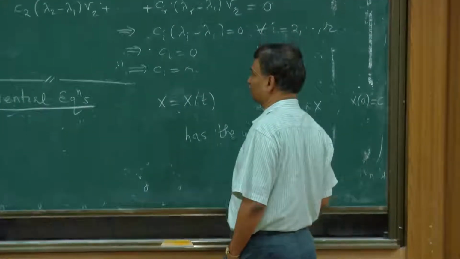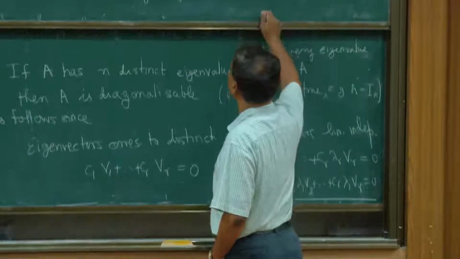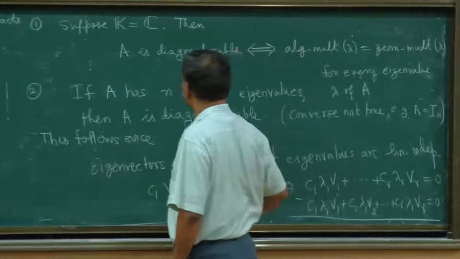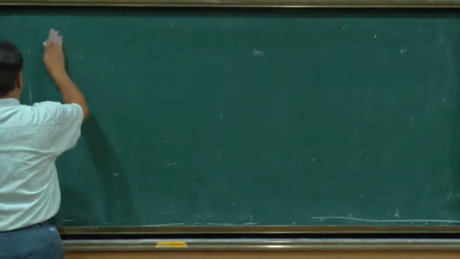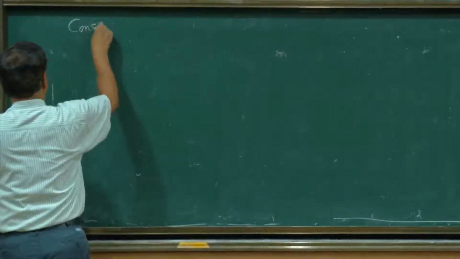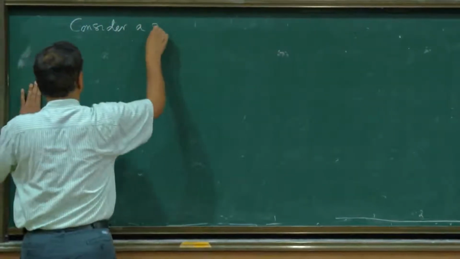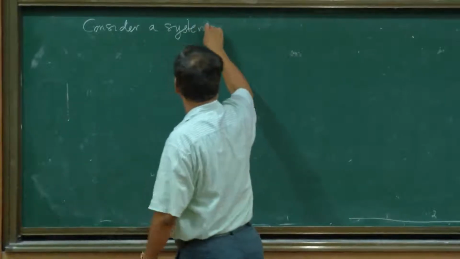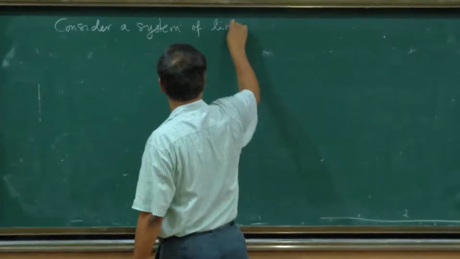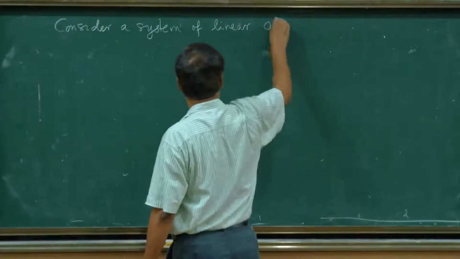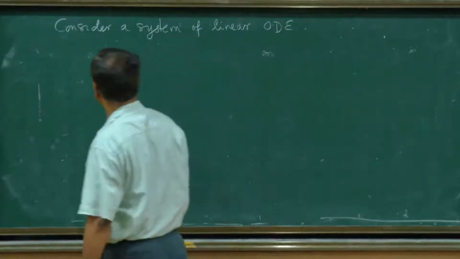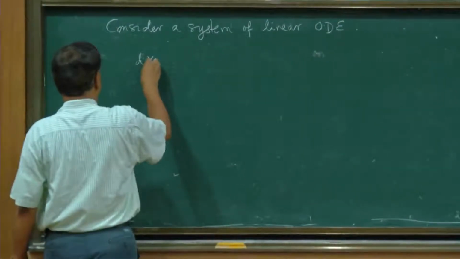x(t) equal to c e to the power at. But now suppose I have a system, what is called a system of linear first order ordinary differential equations, of the following form. I have n functions.